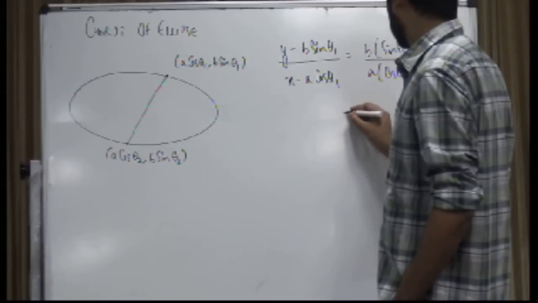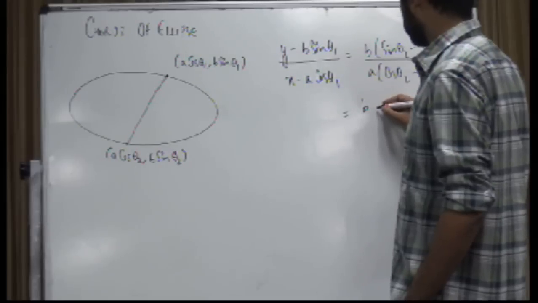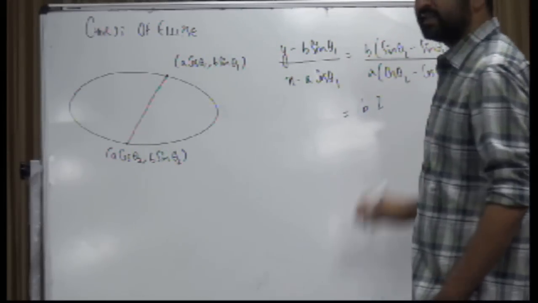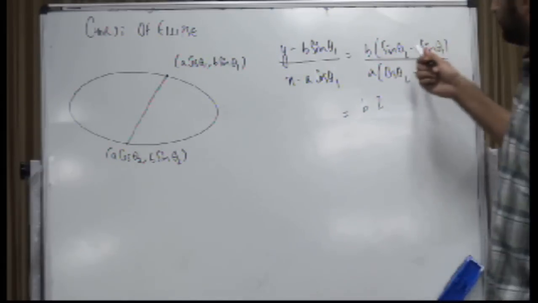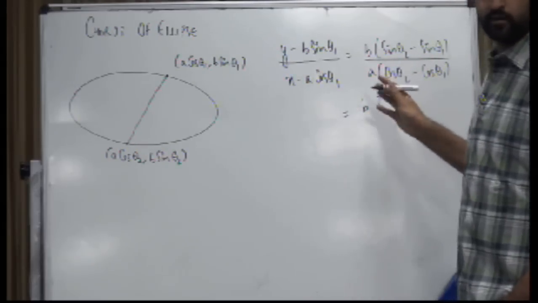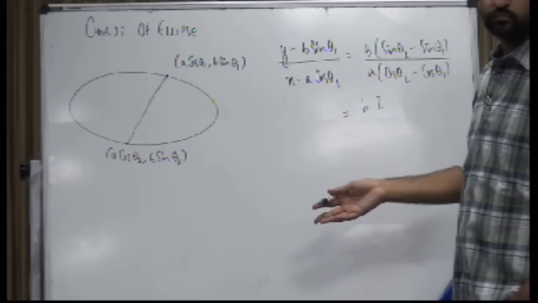Here, sin c minus sin d is 2 sin((c minus d)/2) cos((c plus d)/2). Remember the formula, or should I write it down? You remember it.